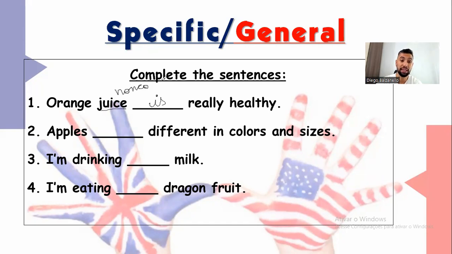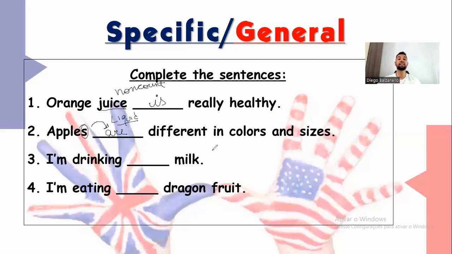You can't count it because it's liquid. Apples is different in colors and sizes, or apples are different in colors and sizes? In that case, apples countable, count nouns, are plural form.